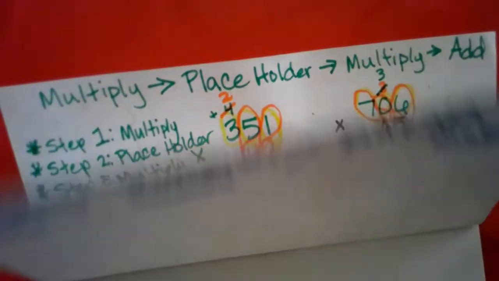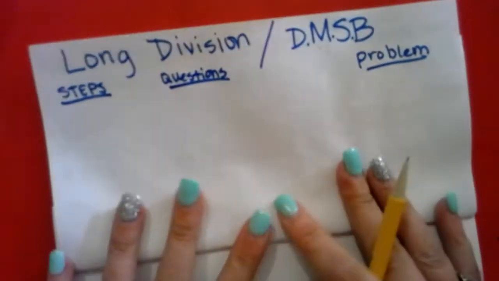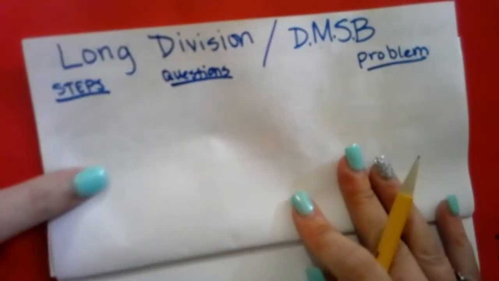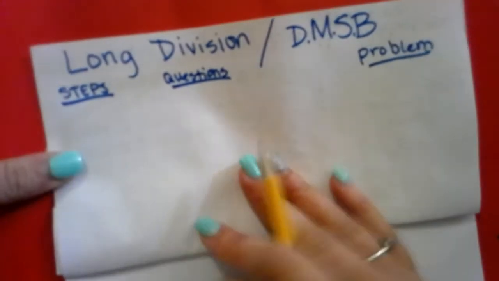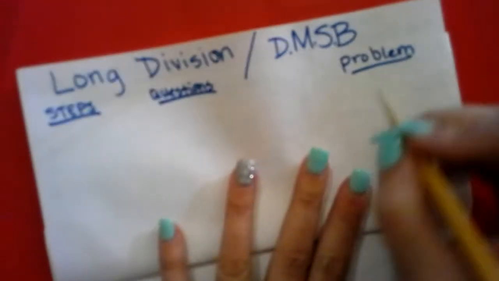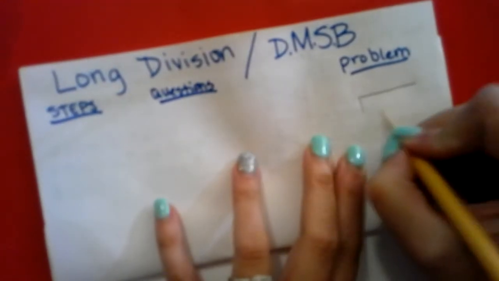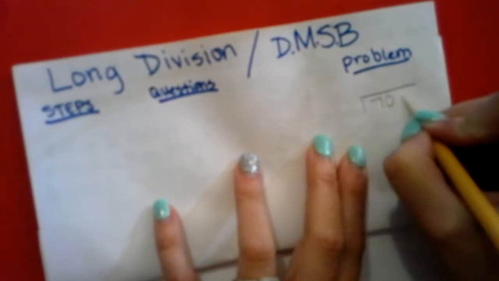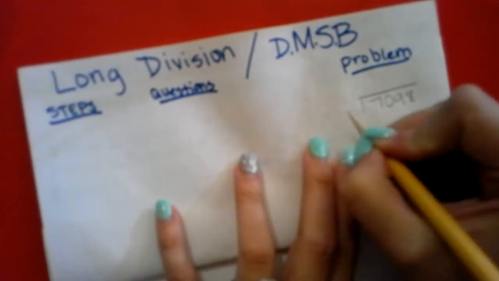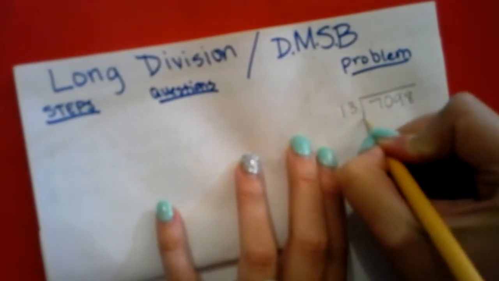All right, so step one, and I'm going to write in pencil just in case we make any mistakes, because this is kind of long and I don't want to make any mistakes on it. So step one, first I'm going to write my problem. My problem is 7,098, and I want to divide that by 13.